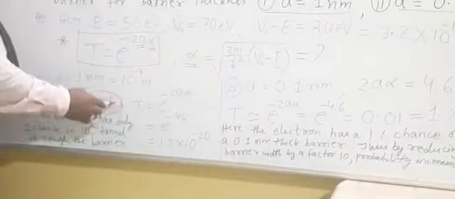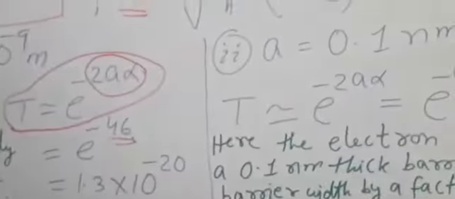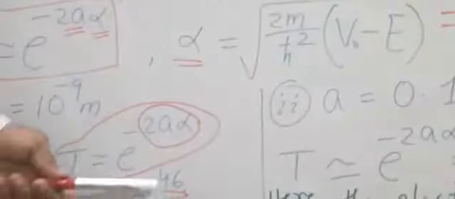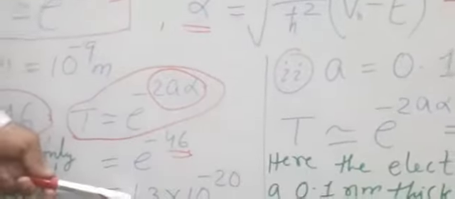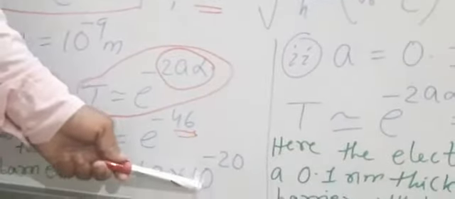Then you put it in the formula: T is equal to e to the minus 2a alpha, so e to the minus 46. The value is 1.3 into 10 to the minus 20.